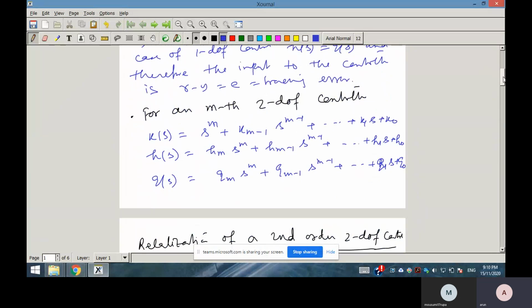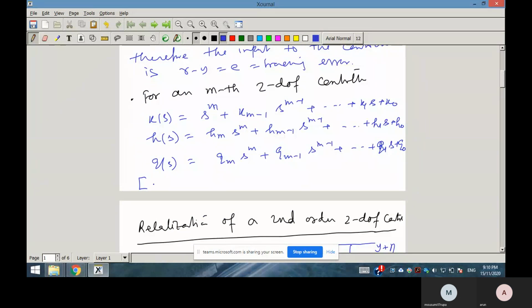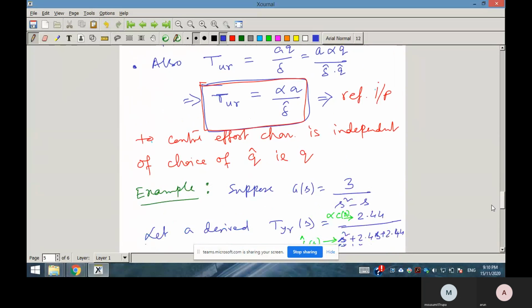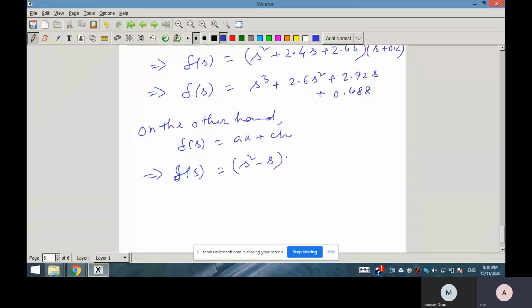So here I should write a minimal order: minimum m should be equal to n minus 1, where n equals plant order. That we have seen in case of one degree of freedom control. So here what will be the case? This is s plus k naught, first order controller, plus cs.